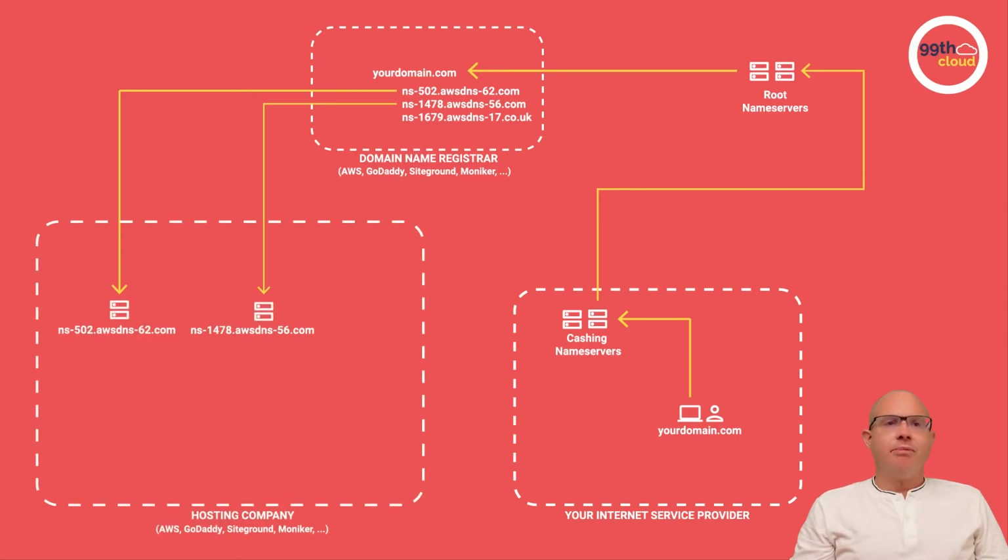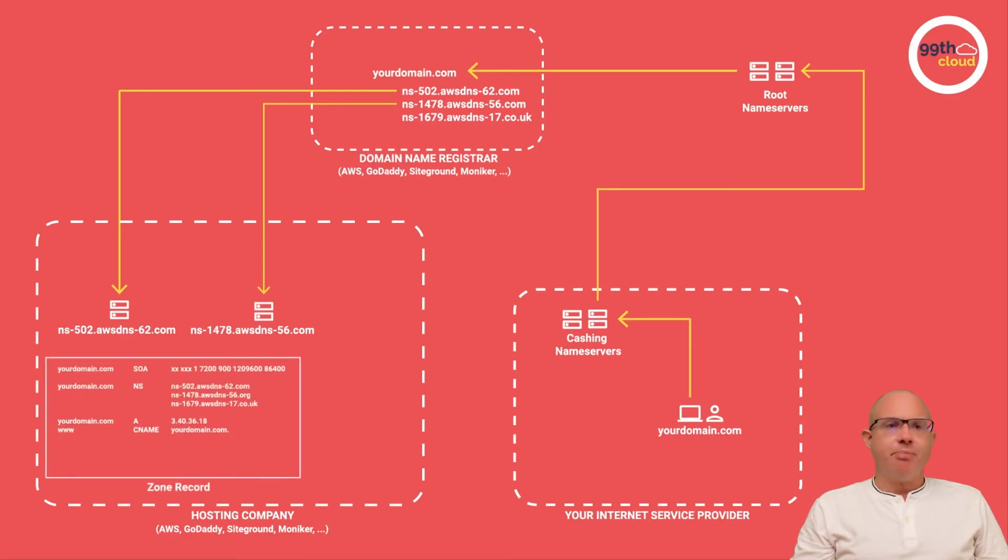And on these name servers there will be a mapping that indicates to which IP address www.yourdomain.com is pointing, and your browser will then load the website from this IP address. The name servers of your ISP will create a local copy of the zone record and will store it locally.